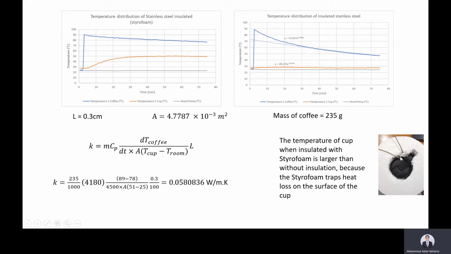And this is because we can see from this picture that around this insulation styrofoam, there are gaps in between the walls of the cup as well as the insulation material, and therefore when the heat is lost through the cup material and is trapped inside the insulation material, it will increase the temperature of the thermocouple that is attached to the walls of the cup, because the heat is trapped inside these gaps of the walls.